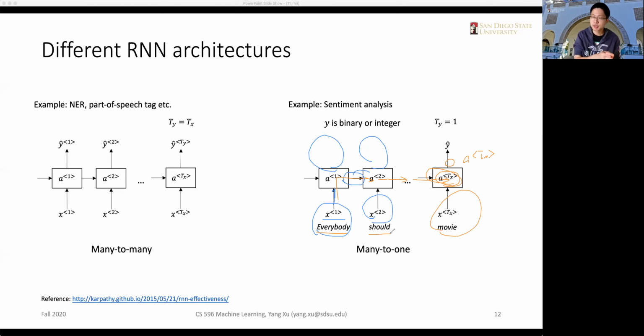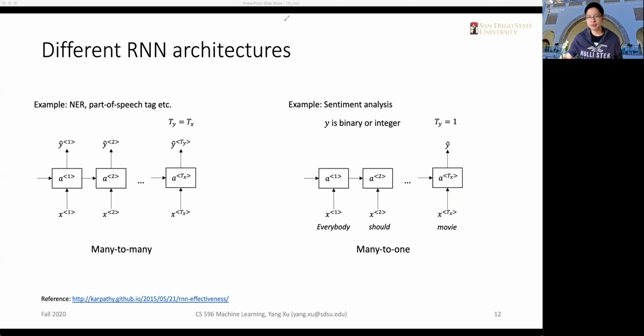All the words in the previous part of the sentence are accumulated or passed along to the activations in the last time step. This last time step activation is a condensed representation of the whole sentence. That's why sometimes we call a recurrent neural network model by a different name, like sequential neural network or sequential neural models, because we model the information sequentially.